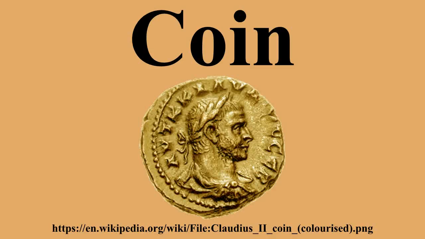Debasement occasionally occurs in order to make the coin physically harder and therefore less likely to be worn down as quickly, but the more usual reason is to profit from the difference between face value and metal value. Debasement of money almost always leads to price inflation.